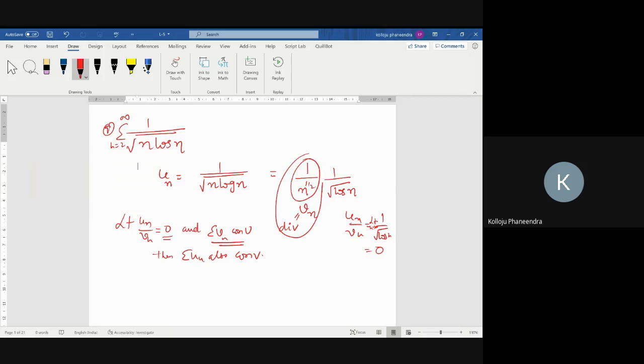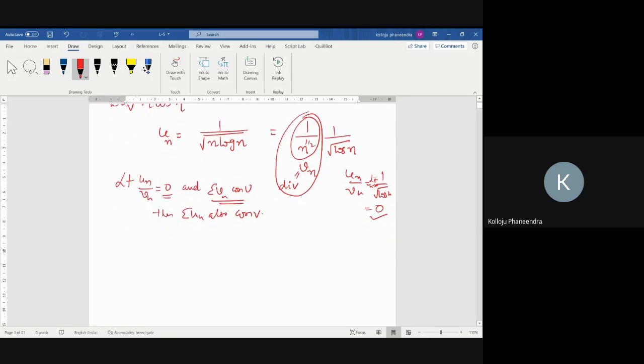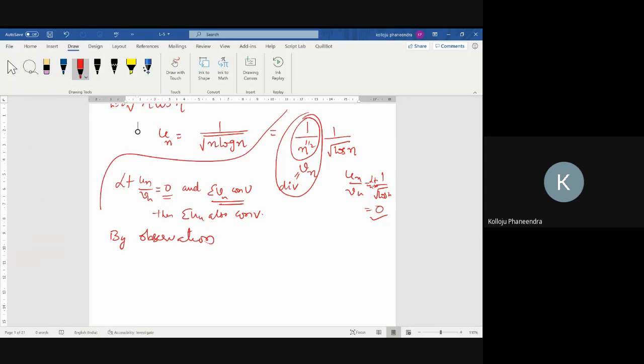Here sigma Vn diverges and the limit value is 0. So we don't have any conclusion from this. So alternate is by observation. This is the idea where there is no conclusion from this one.